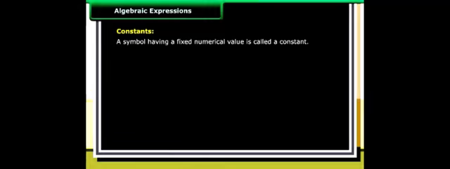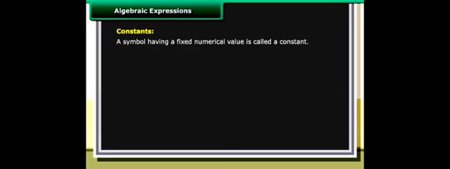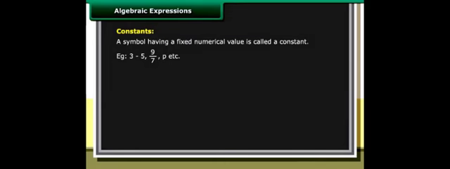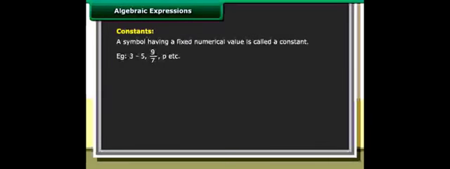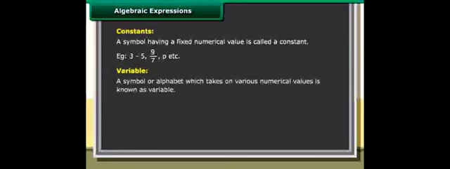Algebraic expressions. Constants. A symbol having a fixed numerical value is called a constant. Example, 3, minus 5, 9 upon 7, p, etc. Variable. A symbol or alphabet which takes on various numerical values is known as a variable.